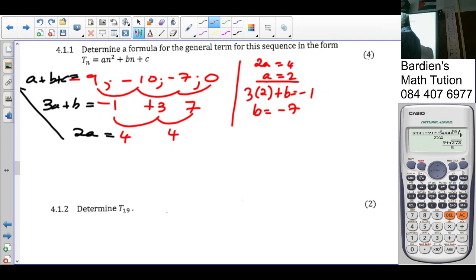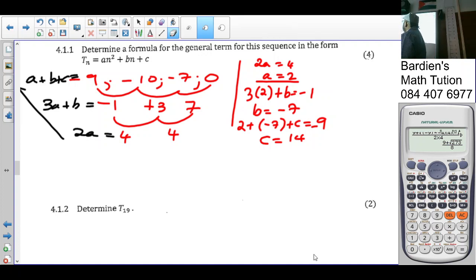So we've got a plus b plus c is equal to negative 9. So c is equal to negative 9 minus 2 is negative 11 plus 7 is negative 4. Is that correct? Negative 4.